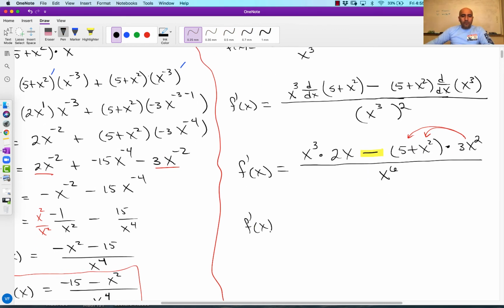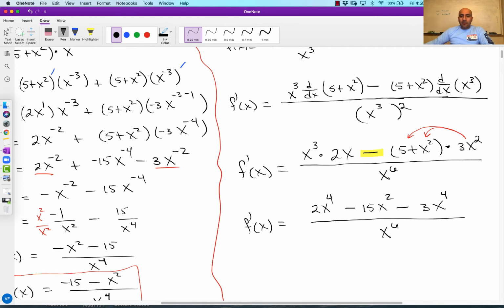Okay, so the first derivative then is equal to 2x to the fourth power, and then minus, and then 5 times 3 makes it 15x squared, so it's minus 15x squared minus 3x to the fourth power. All of that gets divided by x to the sixth power.